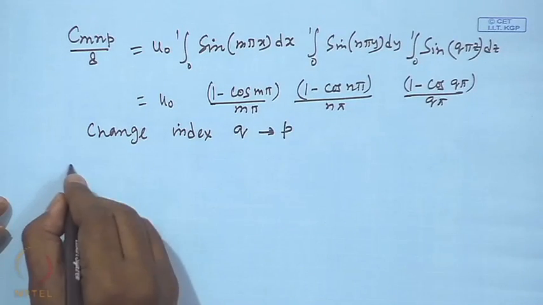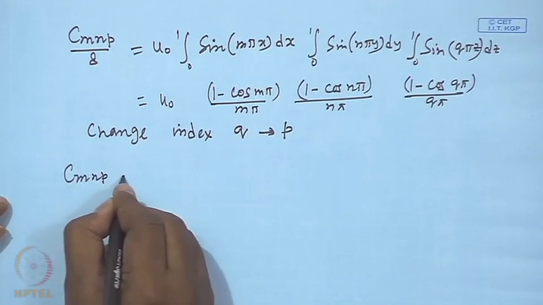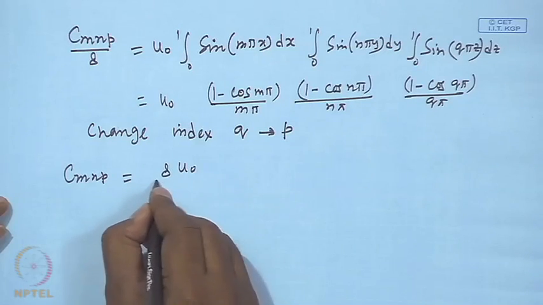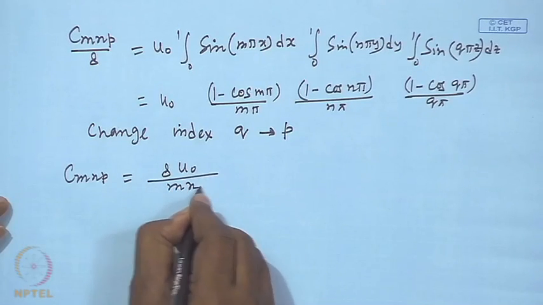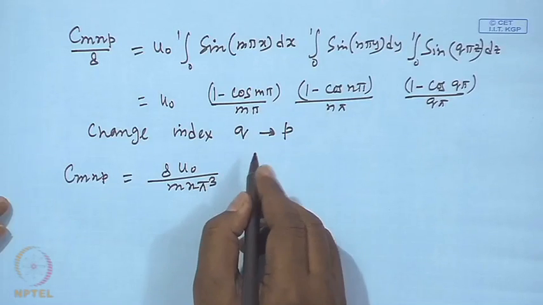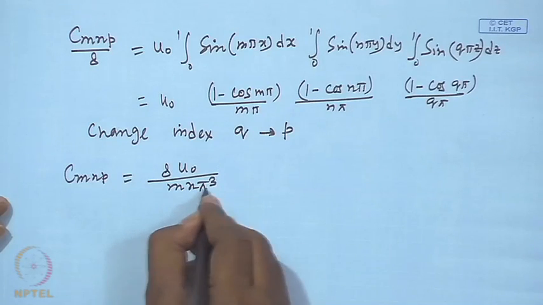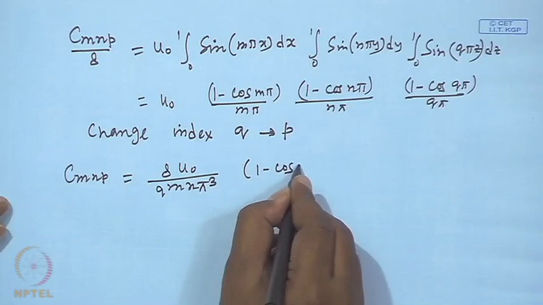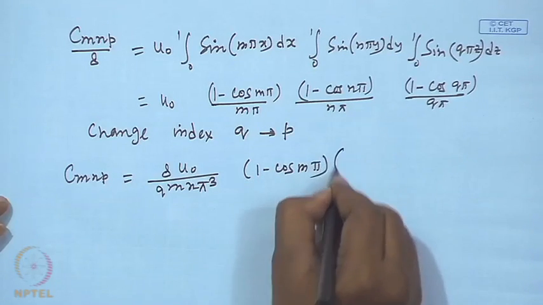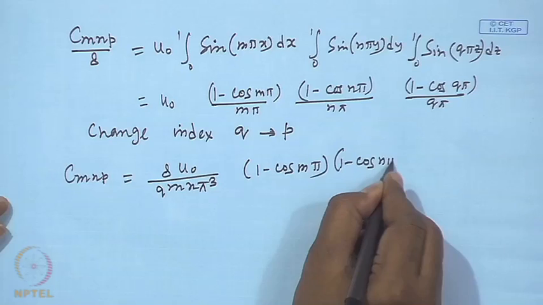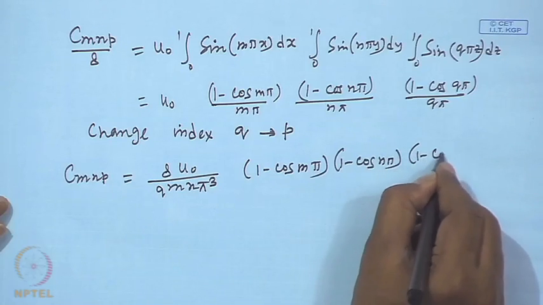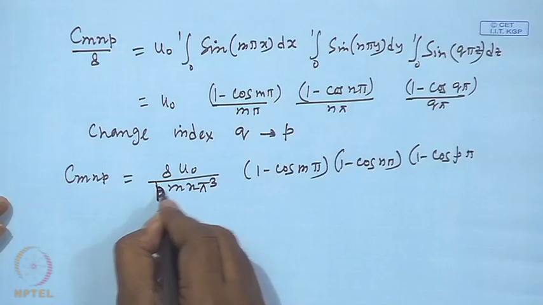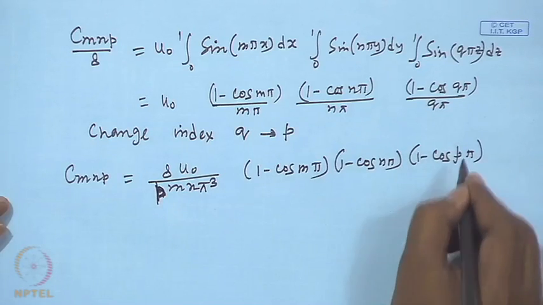So, you will be getting C_mnp, which is nothing but 8u0 divided by m³n³π³ ... (1 − cos mπ)(1 − cos nπ)(1 − cos pπ).